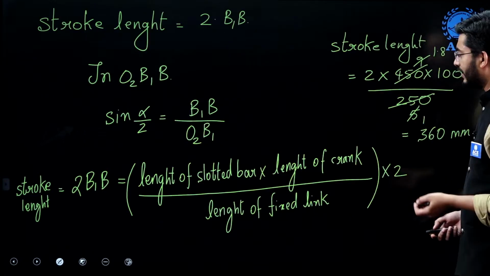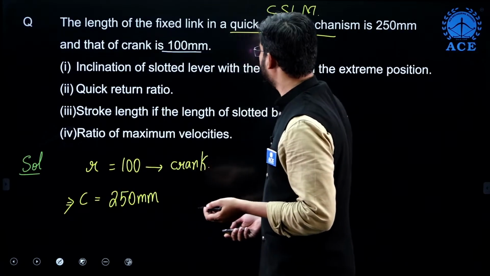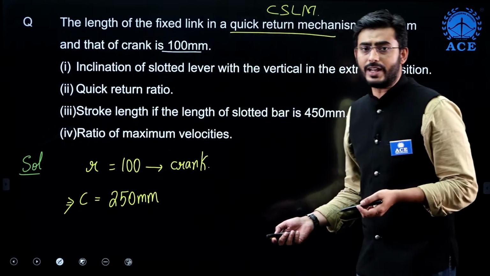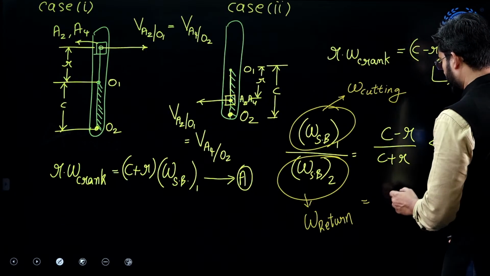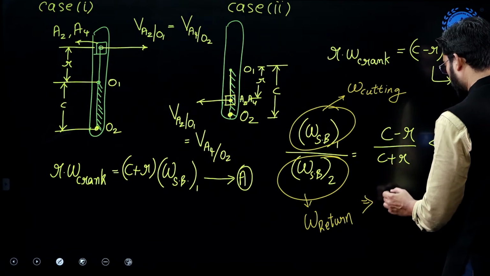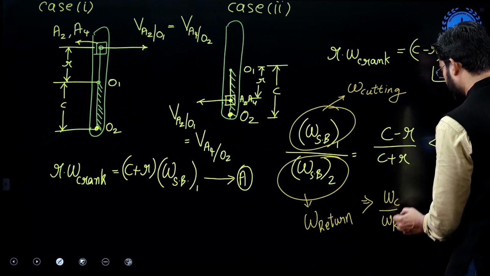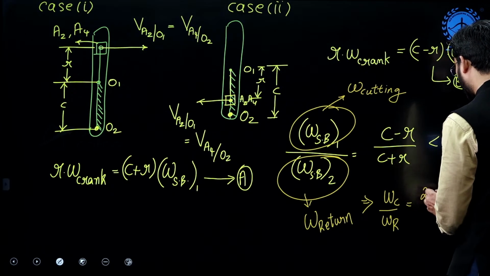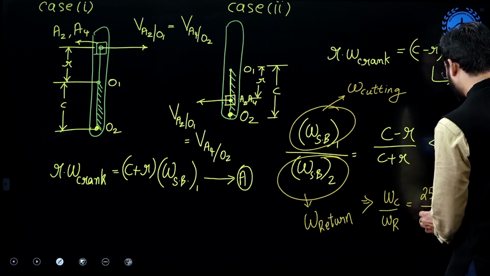So let us compute the ratio of velocities. C is given as 250 and R is 100. So what will be the answer here? The ratio omega cutting by omega return is equal to 250 minus 100 divided by 250 plus 100.